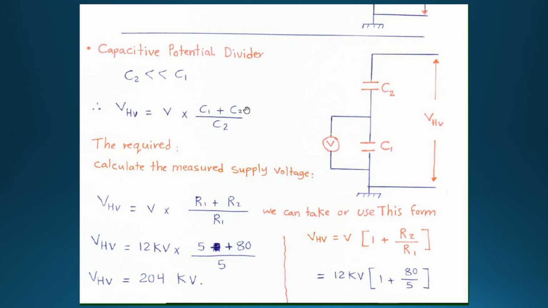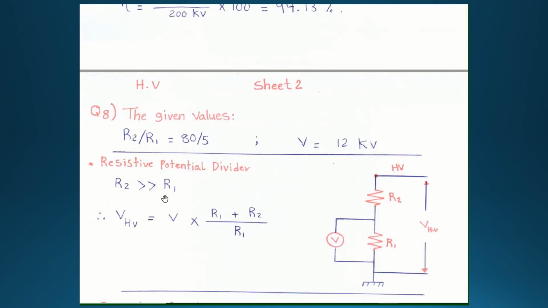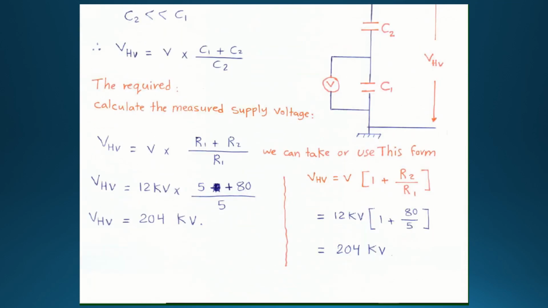Why didn't we use this formula? We use the resistive formula, because in the question he gives us resistance 1 and resistance 2. So we will use this formula to solve this question. VHV, the high voltage, equals V into R1 plus R2 divided by R1.